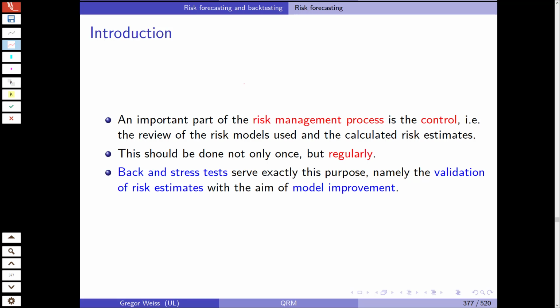So we have seen many quantitative models by now, conditional, unconditional ones, for the modeling of losses. By now you should have a good understanding of how quantitative modeling in the context of risk management works. You concentrate on risk factors. First of all, you try to identify those risk factors that drive financial losses.